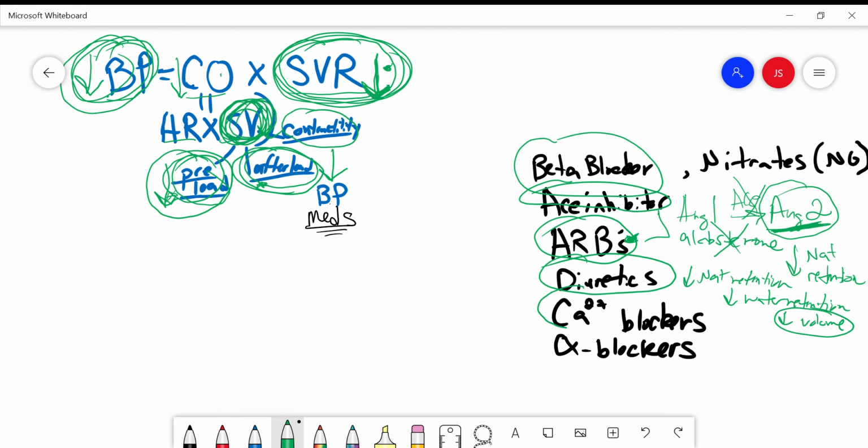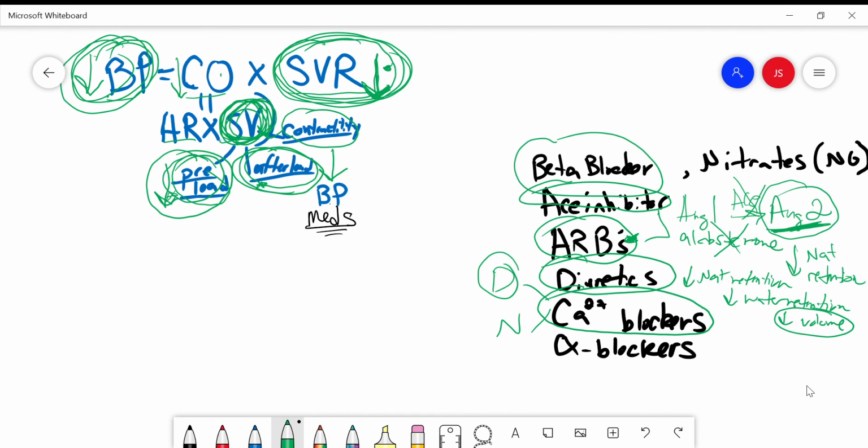Calcium channel blockers, these could work depending on which one it is. I think they're called dihydropyridine or non-dihydropyridine. If it's a dihydropyridine, it starts with D, or a non-dihydropyridine that starts with N, the D calcium channel blocker would work by dilating the arteries.